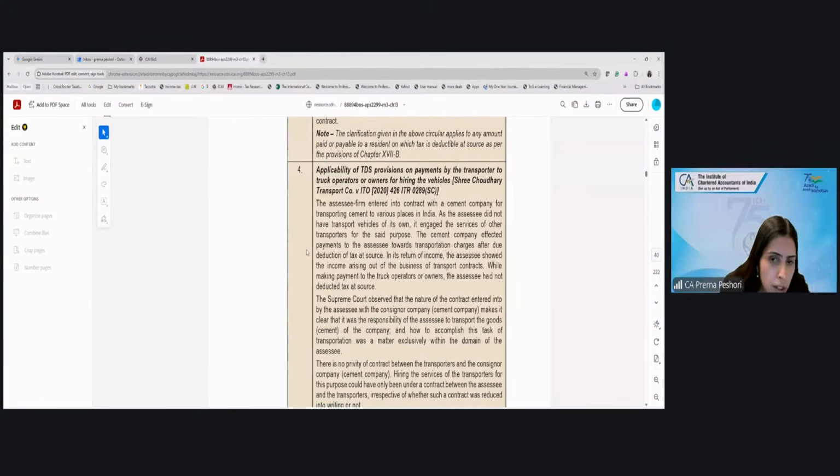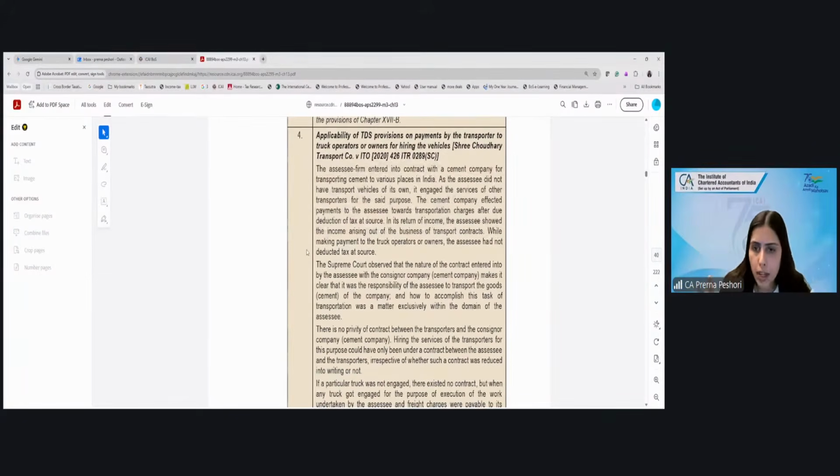So Supreme Court here observed that the contract which is entered into is between the transporter and the cement company. And which makes it clear that it is the responsibility of the transporter to transport the cement in a proper manner. The cement company had no contract with the truck operator. Right?